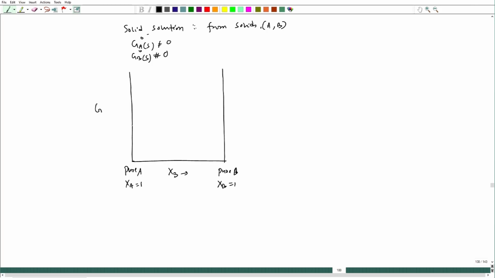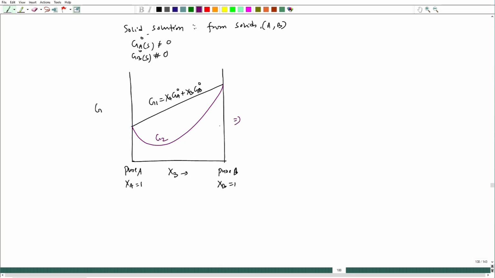So, we can take G 1 like this. This is G 1 equal to X A G A naught plus X B G B naught. Okay. And the free energy plot, let us say like this. This is G 2.